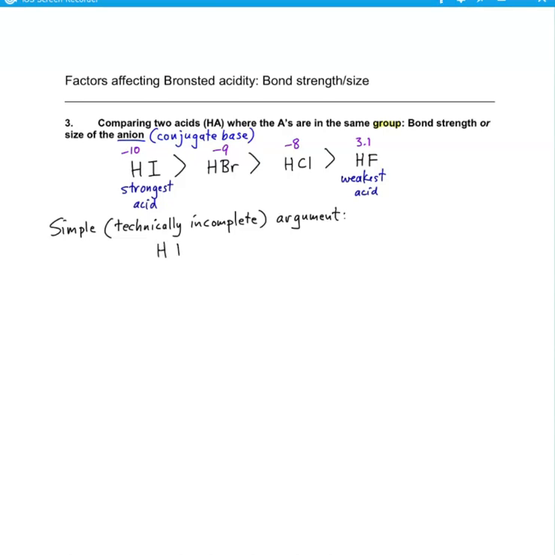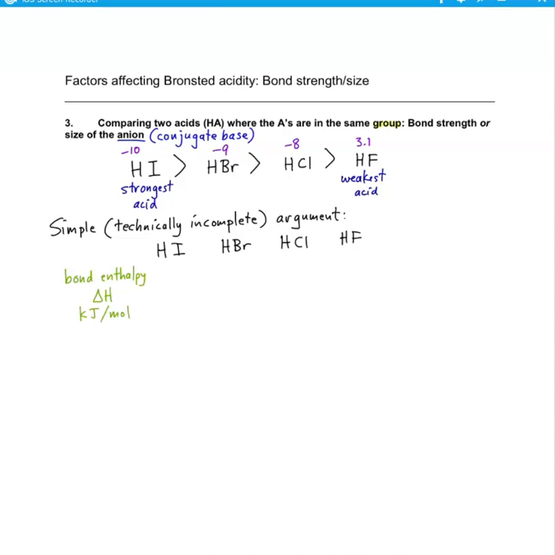So let's do the following. Let's look at a set of data for all of these guys that has to do with the bond enthalpy. So the bond enthalpy for each of these, or the delta H, these are all going to be in kilojoules per mole.